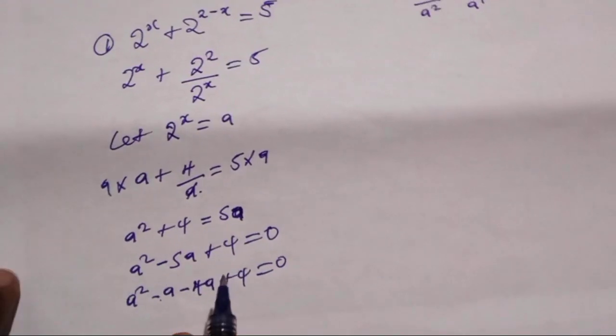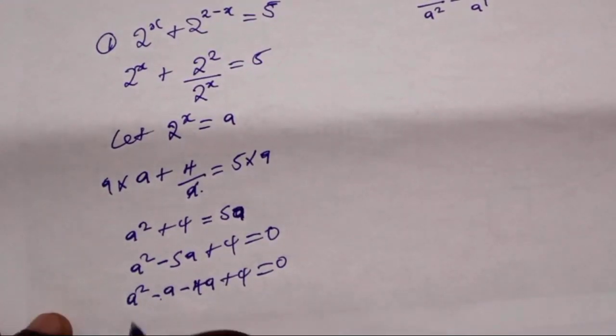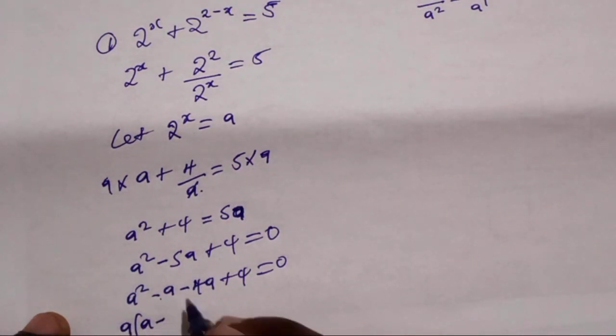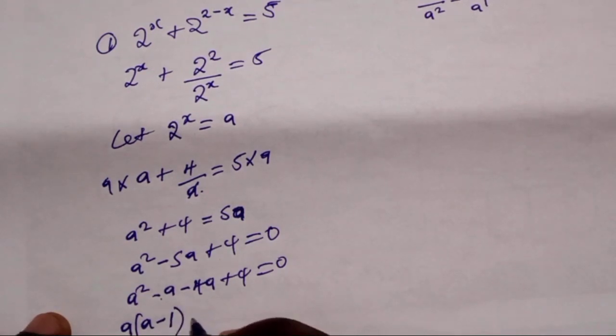Then here we are going to factorize. What's common here? It is a, so a outside. Inside, we remain with a minus 1, close bracket. Then here, what's common is minus 4.